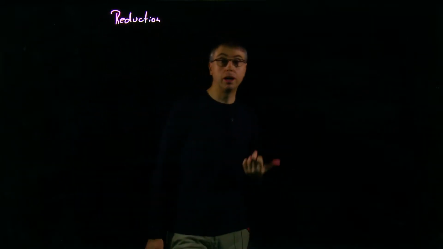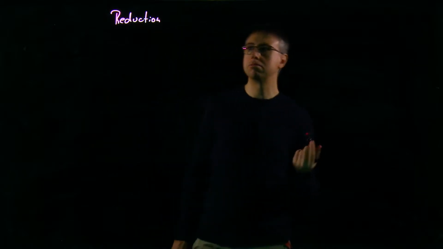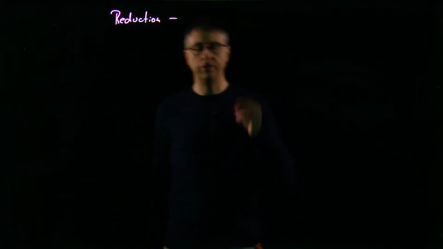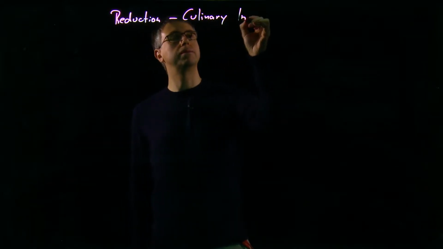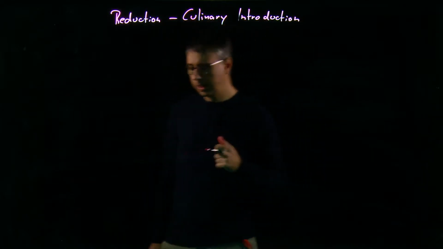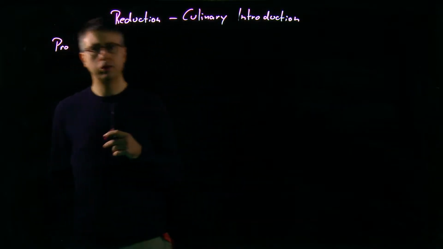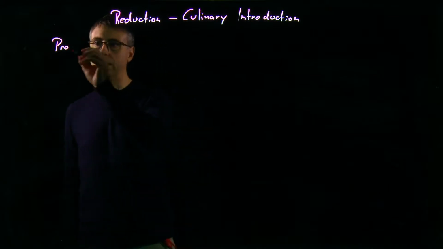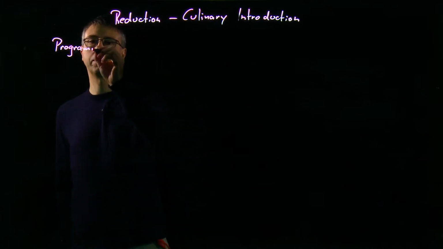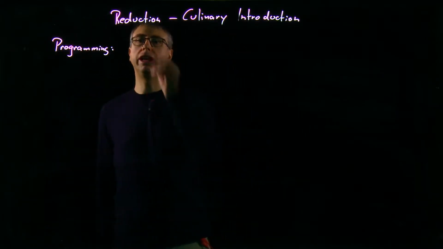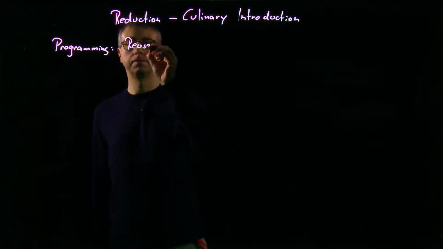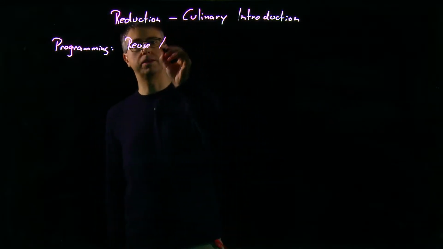And before we go into the details, I will give a culinary introduction. In programming, in computer science, we usually try not to reinvent the wheel. So in programming, what we often do is we reuse code, or we adapt algorithms.